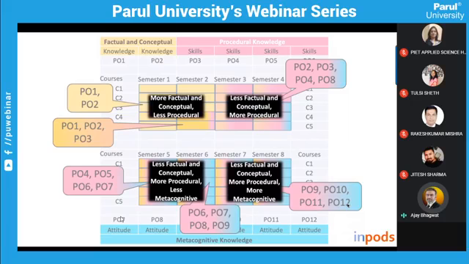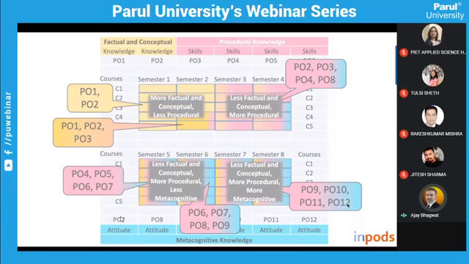This scale changes over a period of time, and slowly those courses start delivering less factual and less conceptual, and more procedural and more metacognitive knowledge, because there are more and more activities designed for the students to learn something more than just the skills. That kind of possibility is there when they reach a little more advanced level of the graduation process. So that's the map.